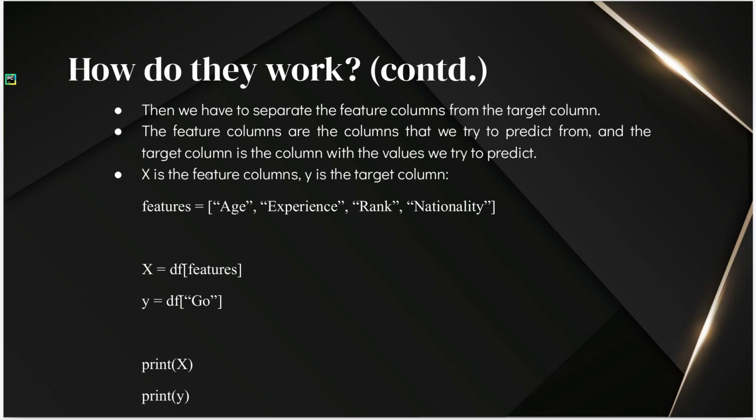We represent the feature columns by capital X and the target column by lowercase y. So in our example, the feature columns are age, experience, rank and nationality, while the target column is only go, whether the person went or not. So we can split the dataset into two like this: X equal to df square bracket features, y equal to df square bracket go. Then we print these two datasets.